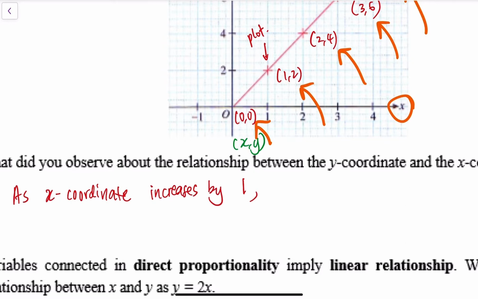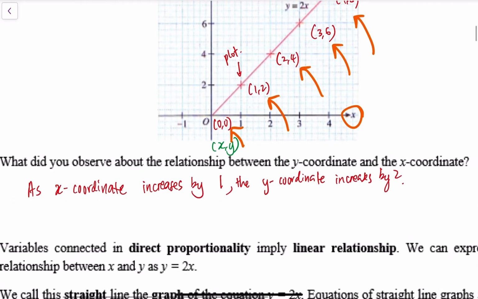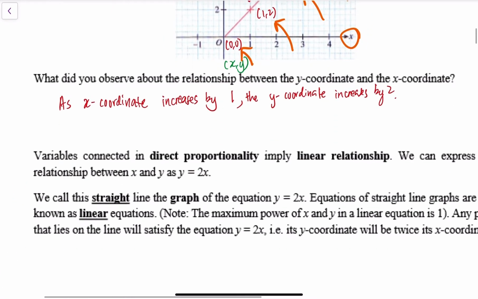As my x increases by 1, the y coordinate increases by 2. Every time x plus 1, my y will plus 2. So that's the relationship between them. You can pause the video, go back and look at the numbers and think through again if you need to.